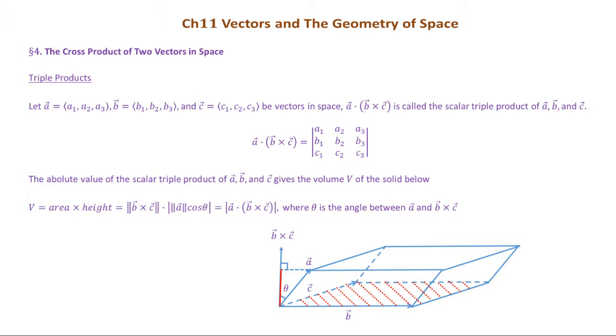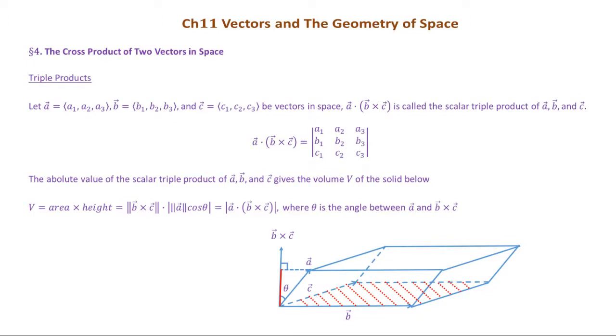Remember, when you calculate the dot product of two vectors, you can use the formula of the magnitude of those two vectors times the cosine theta, where theta is the angle between those two vectors. And this is exactly what we have. We have the magnitude of B cross C, we have the magnitude of A, and we have cosine theta, where theta is between the two vectors A and B cross C.